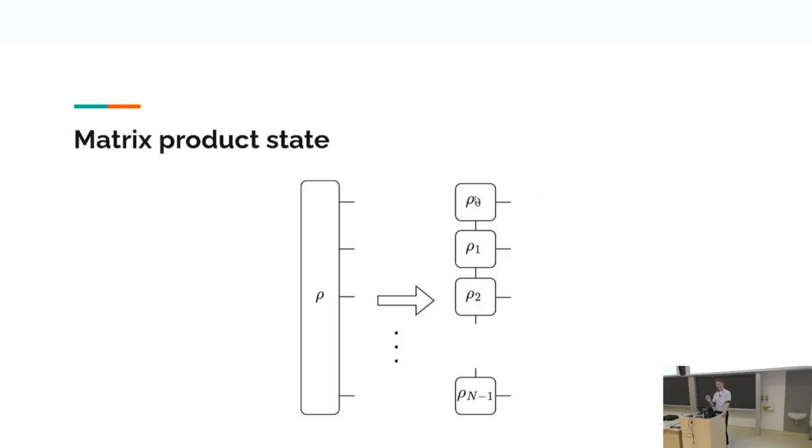And the bigger this index is, the more correlations you can have. But if this index was small, then you would get an optimization over some subset of possible input states here. But this would be much more efficient, of course.